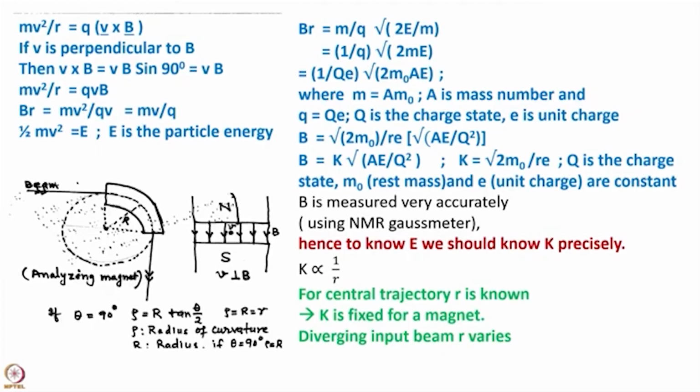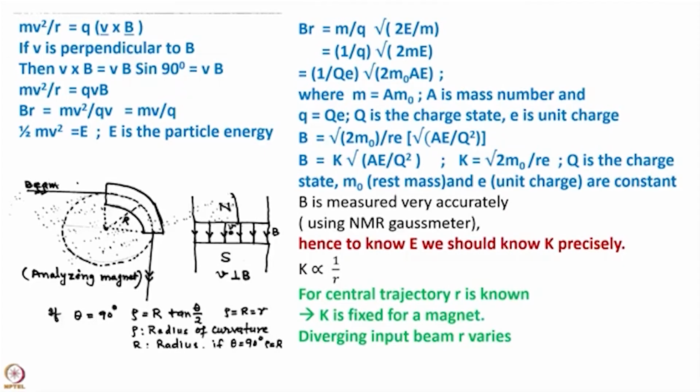From this equation you can see that K is proportional to 1 by R, where R is the radius of curvature. This radius of curvature is defined by how accurately the trajectories are followed.